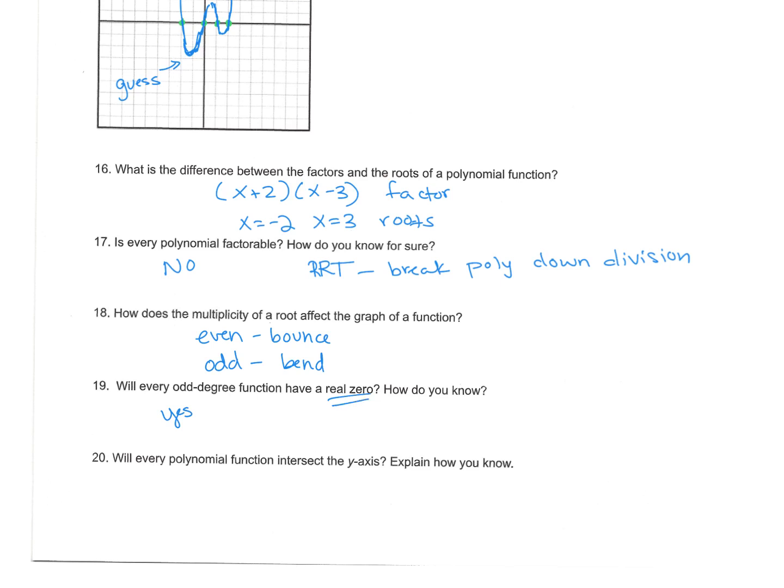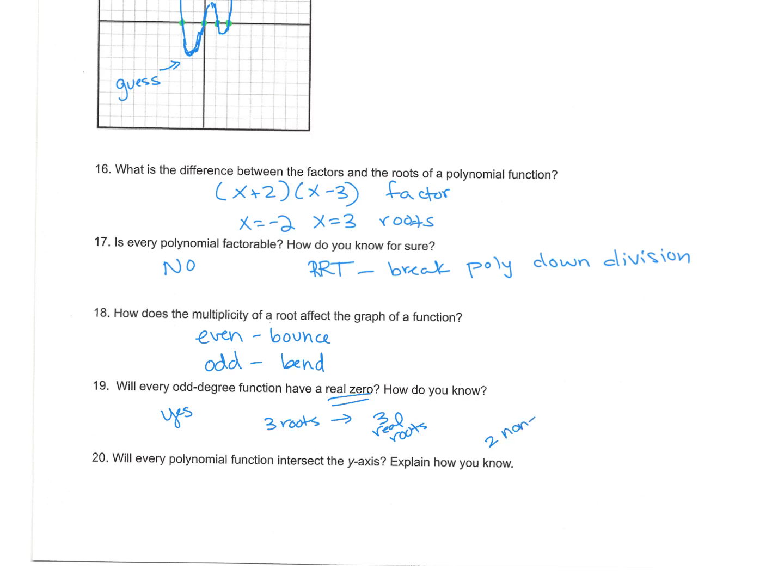And you know why? It's because it has to have, for example, let's take a third degree. A third degree would have to have 3 roots. And so your possibilities are 3 real roots, or if you have a non-real root, remember, non-real roots always come in pairs.